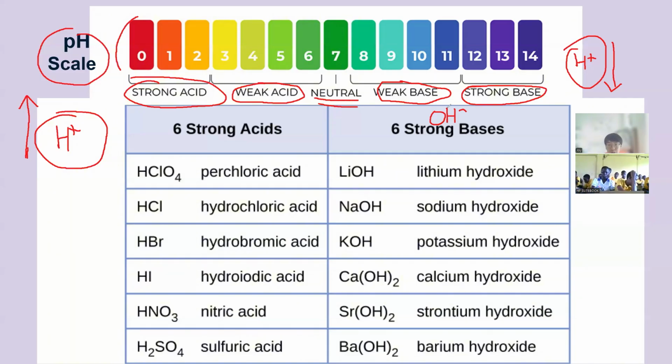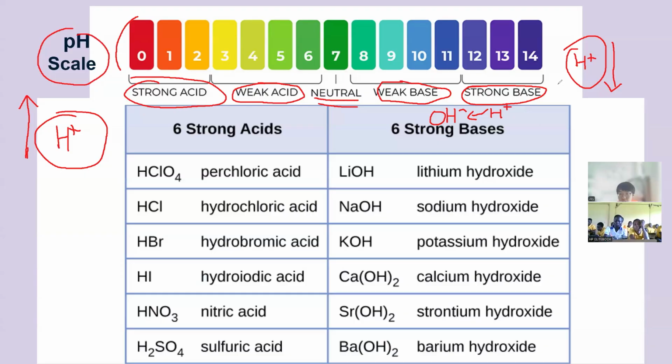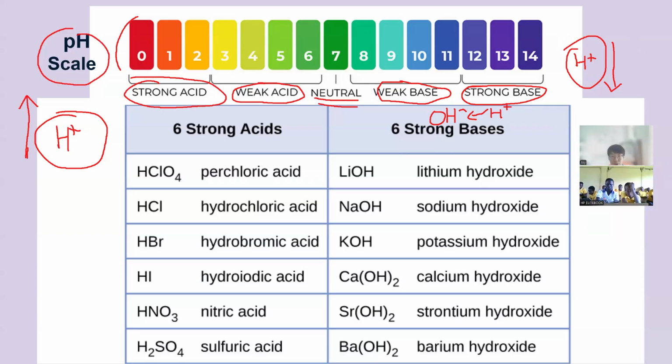Does anyone remember? It accepts hydrogen, right? Hydroxide accepts hydrogen. So it's right, hydrogen concentration will be less for bases, but strong bases are stronger. It accepts hydrogen better.